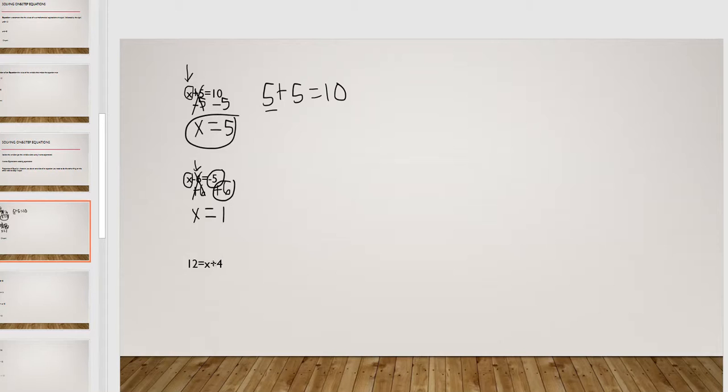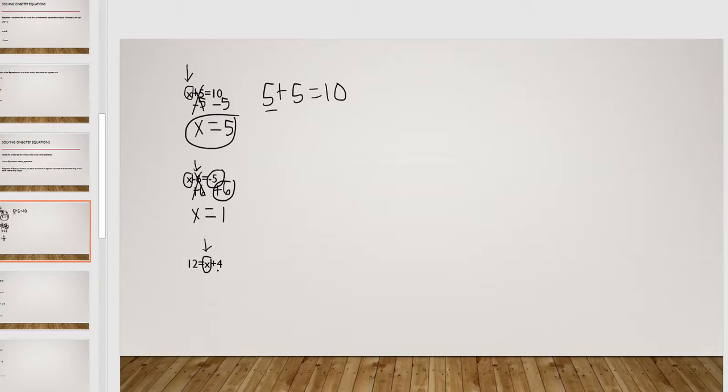And then for the last one, this one is a little bit different in that the x is on the right side of the equation. And it doesn't matter where your variable is, if it's on the left side or the right side, wherever it is, you have to cancel out anything that's been done on the same side as the variable. So we want to get this variable all by itself.